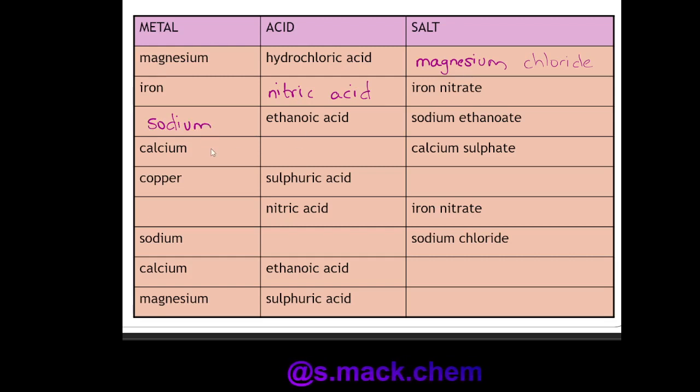Where calcium reacts to form calcium sulfate, this means we can, not guess, we can determine that the acid is sulfuric acid because the name of the salt is a sulfate. When copper reacts with sulfuric acid, the salt to be formed is a sulfate. The name of the metal is copper, so the name of the salt will be copper sulfate.